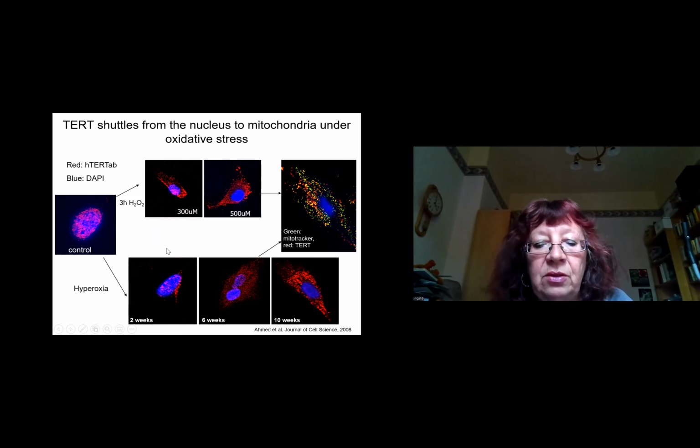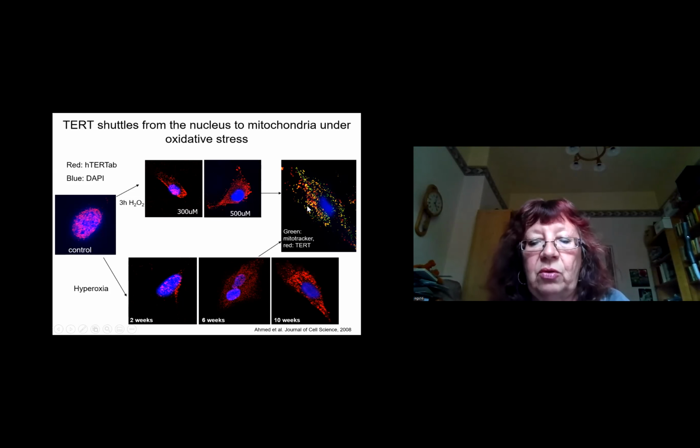It takes much longer under hyperoxia, which is more physiological, but after 10 weeks we have the same situation as after 500 micromolar H2O2. And if we now use a second color, the MitoTracker, which is green, while TERT protein is shown with a red secondary antibody, you can now see that we have also got quite a number of yellow signals.